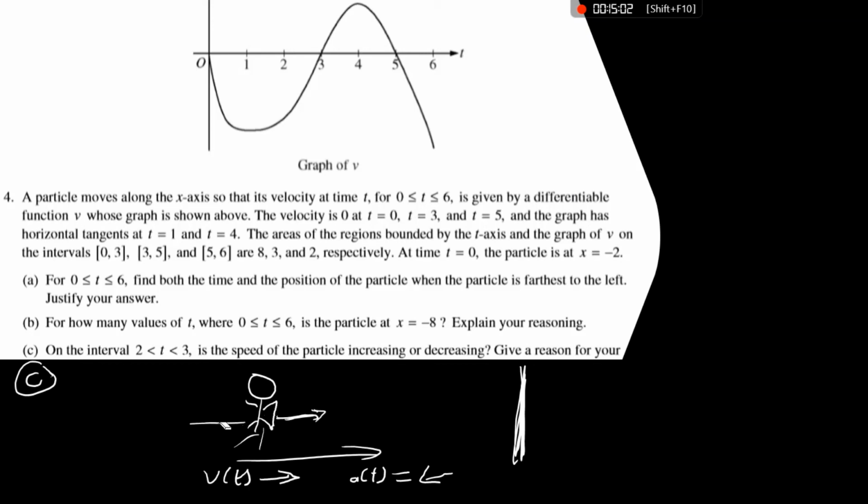If you hit a point where your speed equals 0 and you start to thrust away from the wall, now your velocity is also moving to the left. Now you'll be speeding up because your velocity and your acceleration are acting in the same direction. So the key to speed is if velocity and acceleration are acting together, in the same direction, then your speed is increasing. If they're acting against each other, then your speed is decreasing.